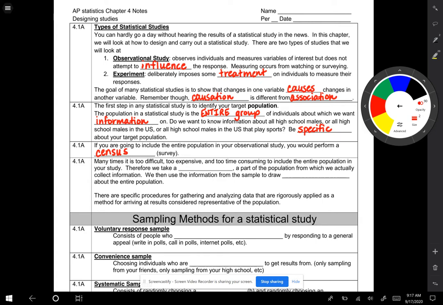So many times it is too difficult, too expensive, and too time consuming to include the entire population in your study. Therefore, we take only a sample, which is a part of the population from which we actually collect information. We then use that information that we collected from the sample to generalize or infer to the population. So we want to draw conclusions about the entire population.